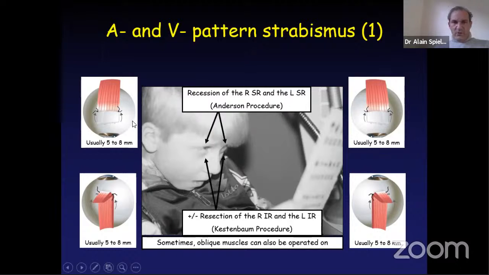For example, in that boy, you will recess the superior rectus muscle and resect the inferior rectus muscle. Sometimes one step, sometimes two steps. And this will induce cyclotorsion, because the vertical rectus muscles have an effect on cyclotorsion.